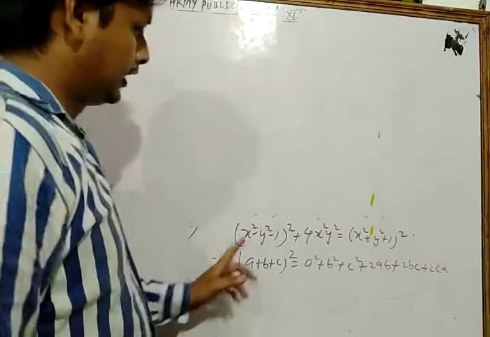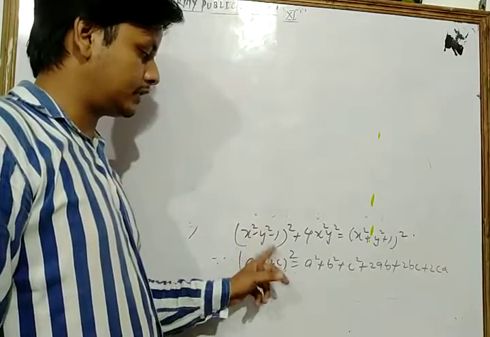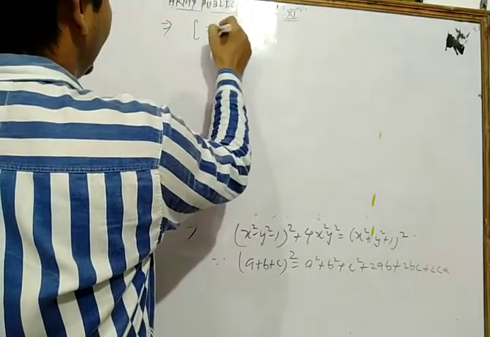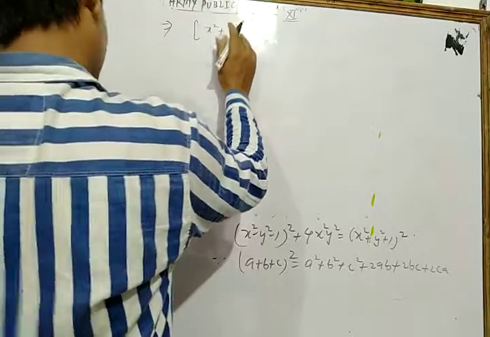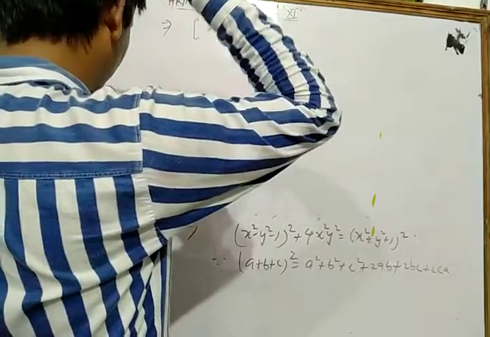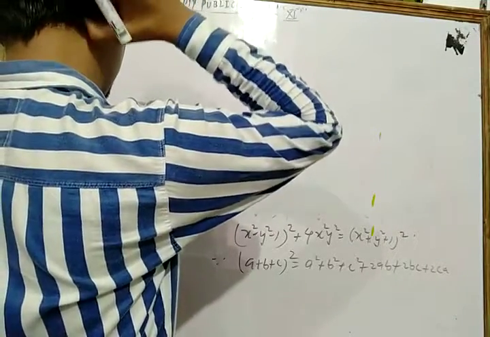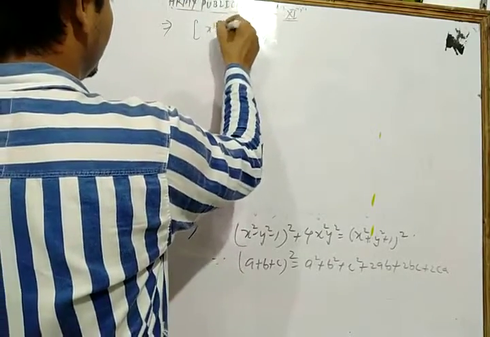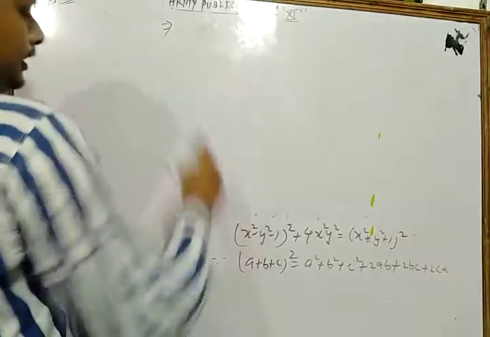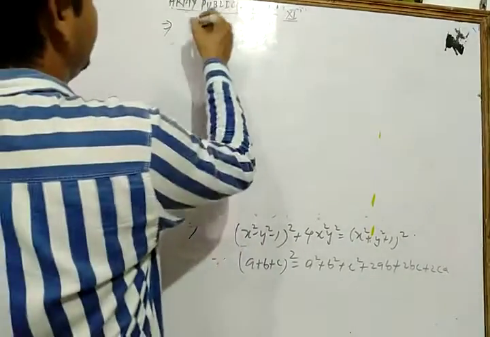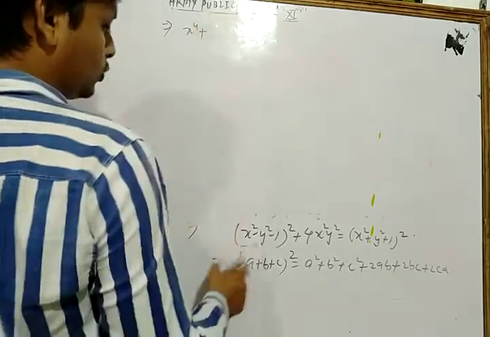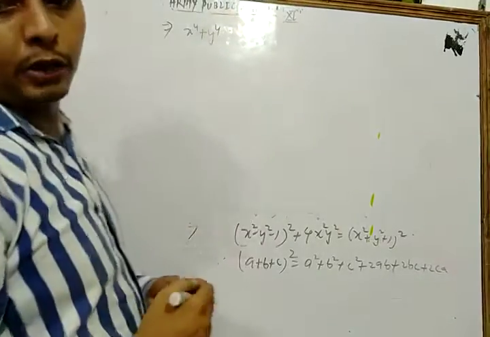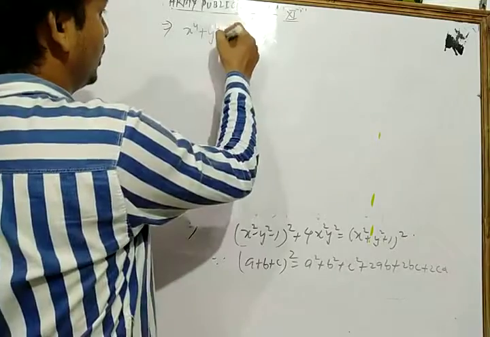Here a is x square, b is minus y square, c is minus 1. So we write it in this way. a square means x to the power 4, b square means y to the power 4, and c square is equal to plus 1.